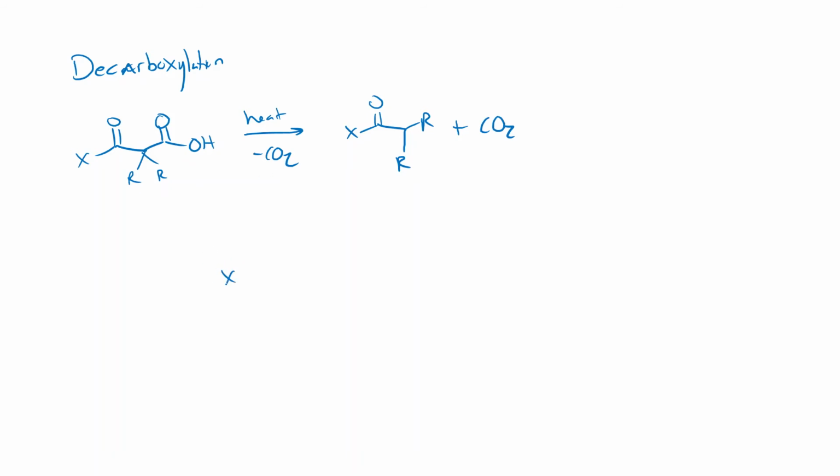The mechanism for this, if we were to draw it out, although I will not ask you to do this, ends up looking like this. If we rotate that carboxylic acid around, we move those arrows in that direction, we end up with the enol.